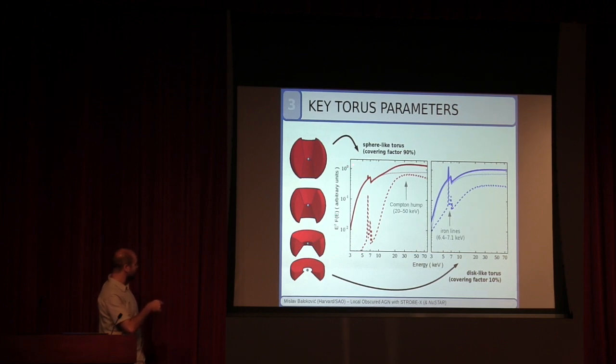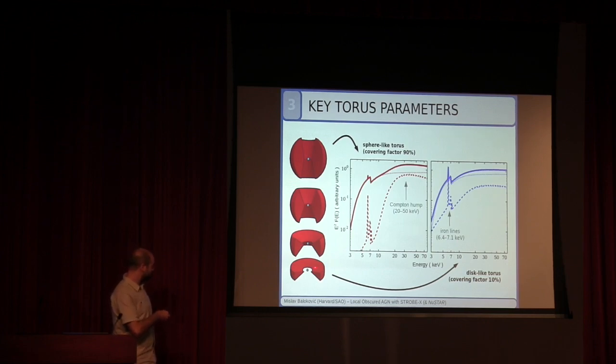If we imagine a torus with a high covering factor, then in this NuSTAR band, this is 3 to 79 keV, you get a strong Compton hump, and then these iron lines over here. So we're looking at the dashed lines here. This is the component scattered by the torus, and the solid line is the total.